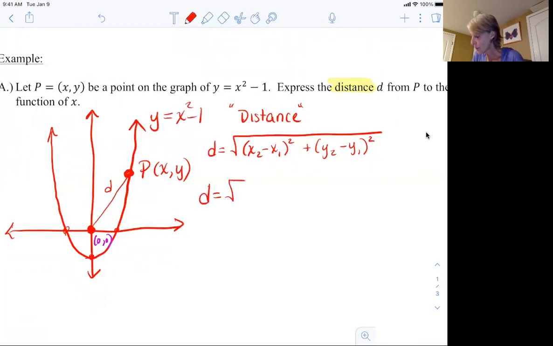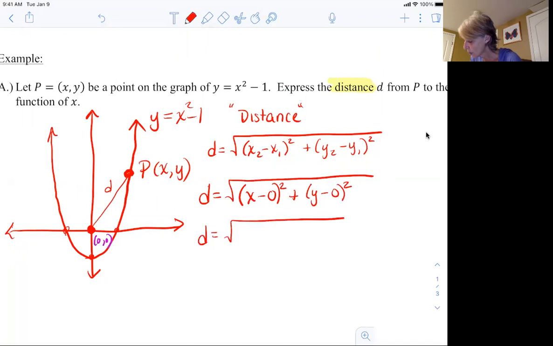So I'm going to just substitute what I was given. x2 minus x1: (x minus 0) squared. y2 minus y1: (y minus 0) squared. And all I did was take what I could off the picture and put it into my formula. Now I'm going to just smush it up a little bit, because we don't need those zeros. If they were numbers, we would leave them.